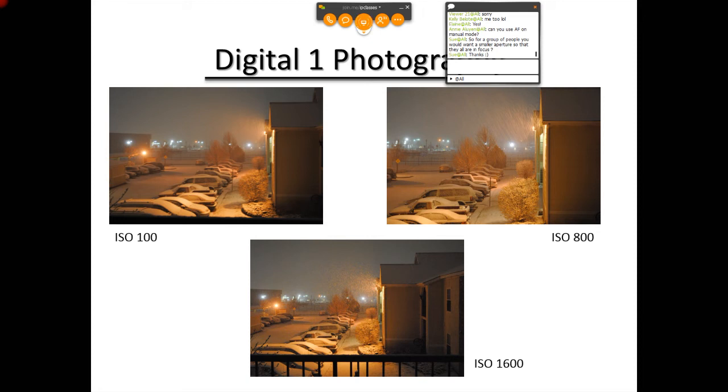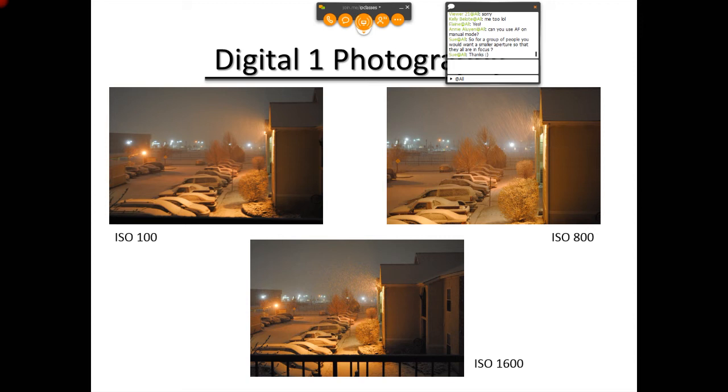The option is you can decrease your shutter speed. The problem with that is you're already at a 60th of a second, so you don't want to go any lower than that, and you don't have a tripod with you. You can't adjust your aperture because it's open all the way.